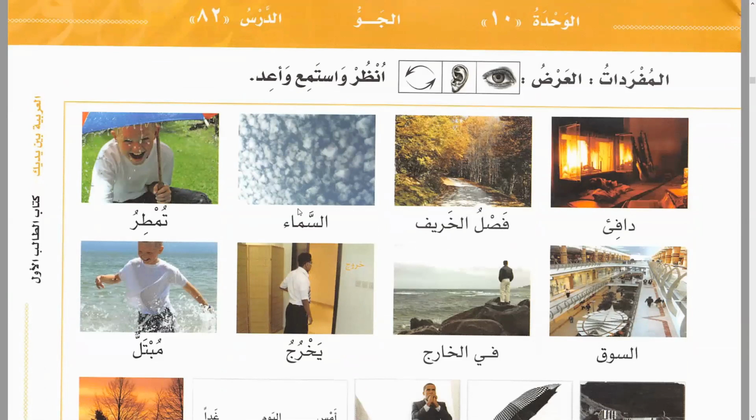Notice again why we're saying as-sama'u tumtir, the sky is raining, because sama is muannas. Now you might say, why is it muannas? Because of this a'u, sahra'u, as-sama'u, right? The words which end with a alif, this is called alif mamduda.